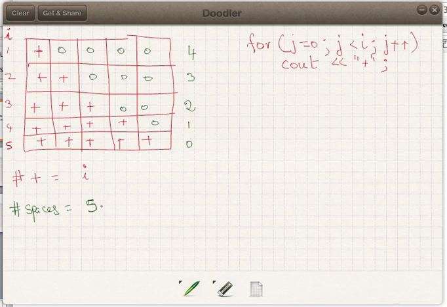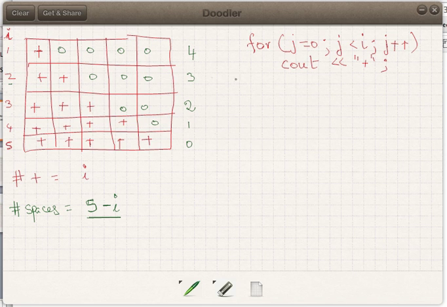We already taken the I, so 5 minus I. That means 5 minus 1 is 4. 5 minus 2 is 3. 5 minus 3 is 2. 5 minus 4 is 1. 5 minus 5 is 0. So number of spaces is represented by this formula.